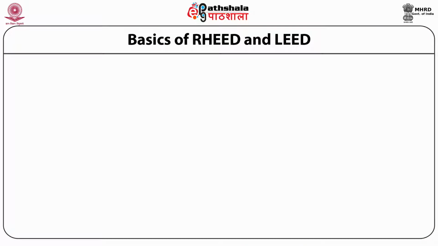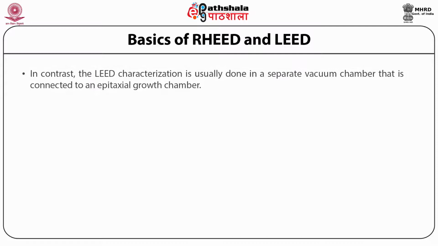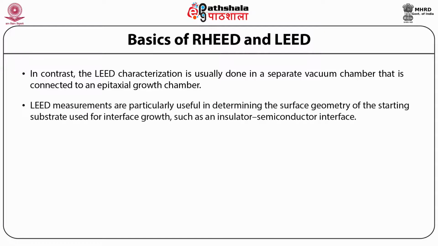In this, we have been talking about low energy electron diffraction spectroscopy. In contrast, the LEED characterization is usually done in a separate vacuum chamber that is connected to an epitaxial growth chamber. LEED measurements are particularly useful in determining the surface geometry of the starting substrate used for the interface growth, such as an insulator semiconductor interface.